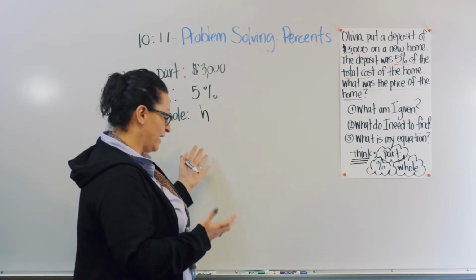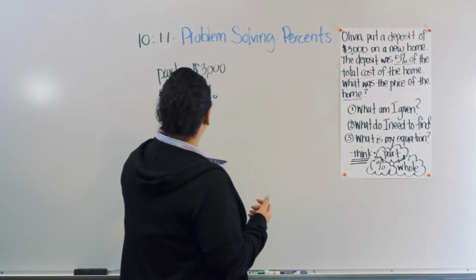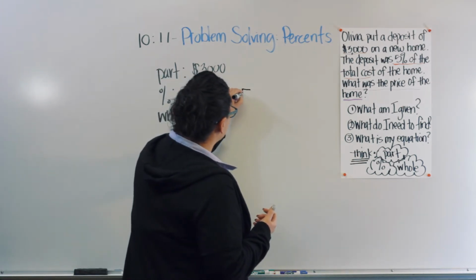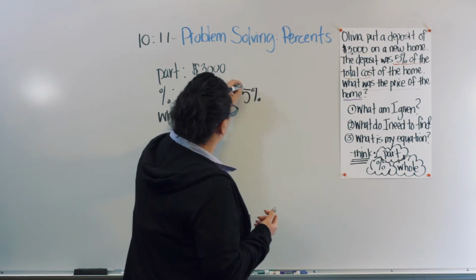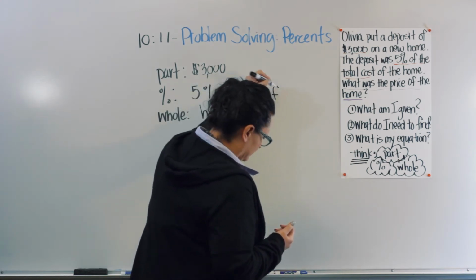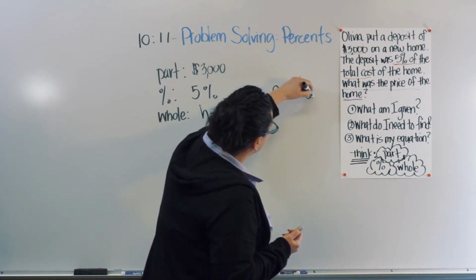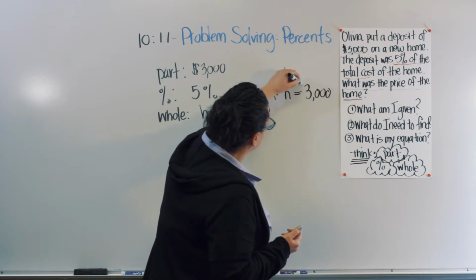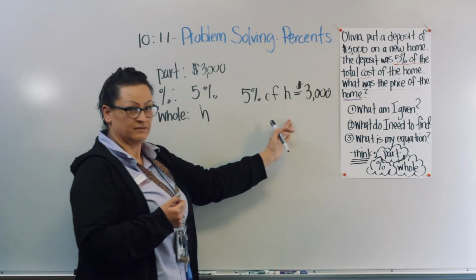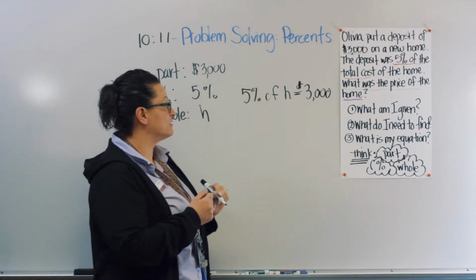So how do we write this in an equation? All right, so what I'm going to do is I'm going to say 5%, right, of our house is $3,000, okay? So that's my equation, okay? 5% of house is $3,000.